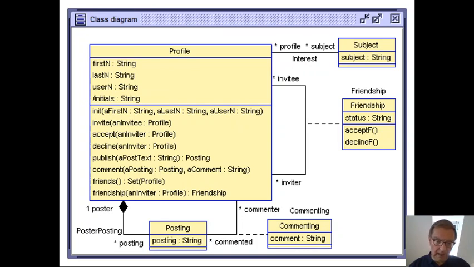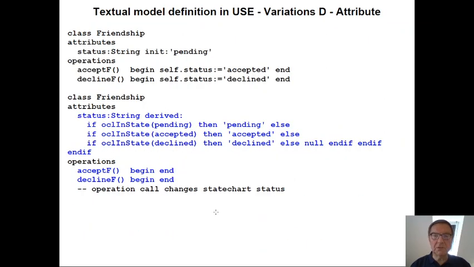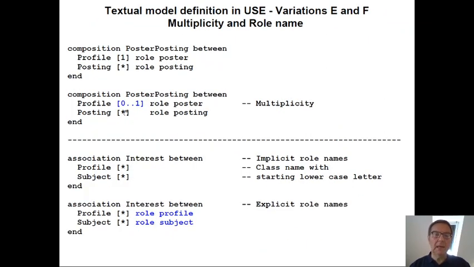So a posting object must be connected to exactly one profile object, and there is an alternative. Originally we have stated the multiplicity 1, and one could also specify the multiplicity 0..1 for the composition.